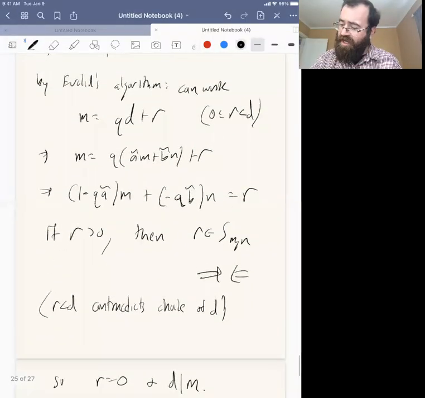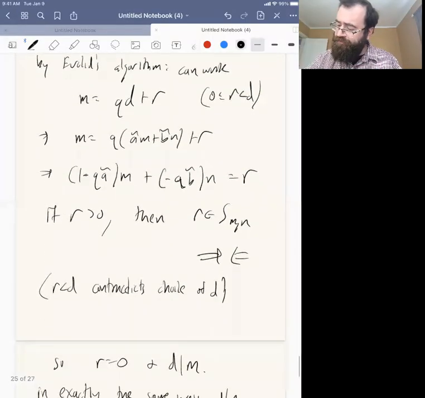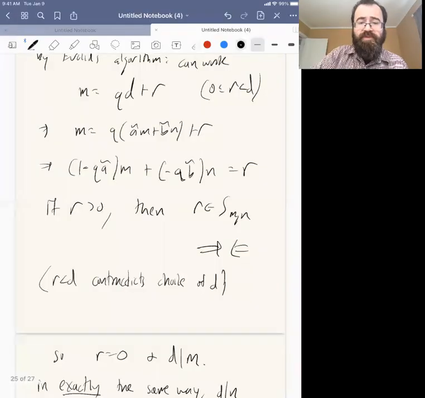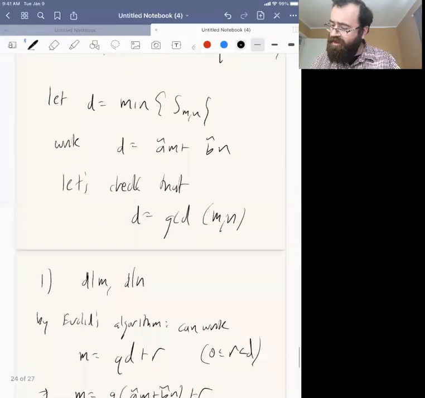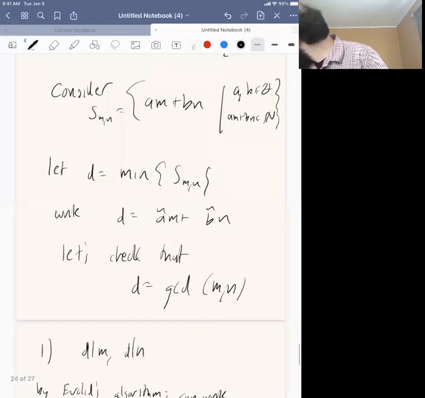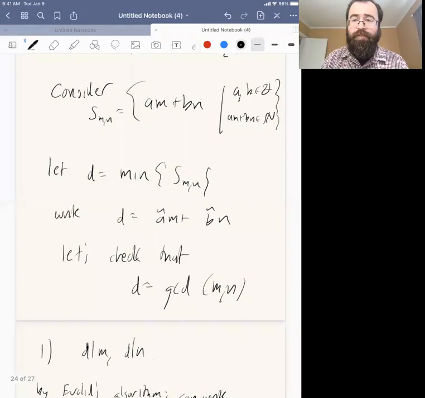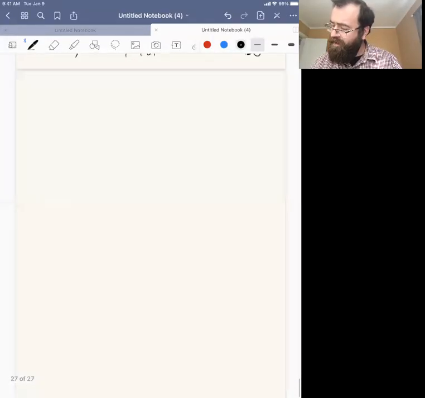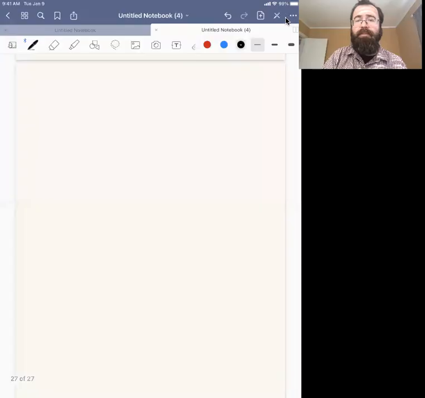It's a natural number which satisfies those. So it's exactly right. It comes from this SMN, which is a set of natural numbers. And so putting it together, you get that D is the biggest of the common divisors of M and N. And so it is the unique GCD. And so the GCD always exists. Okay. All right.